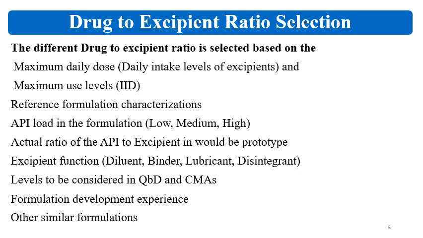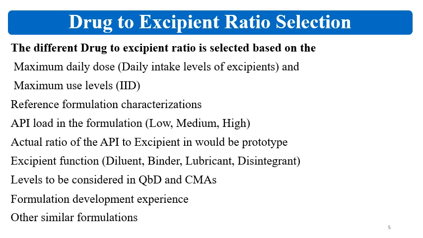So in the compatibility study, the API is mixed with the excipient in certain ratios. I am going to cover the entire topic in upcoming videos, but for now I will cover the reason or rationale behind making the drug excipient binary mixture in a ratio.